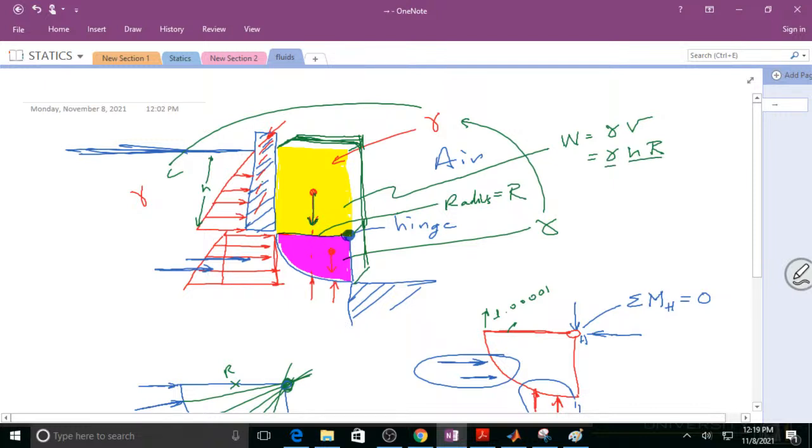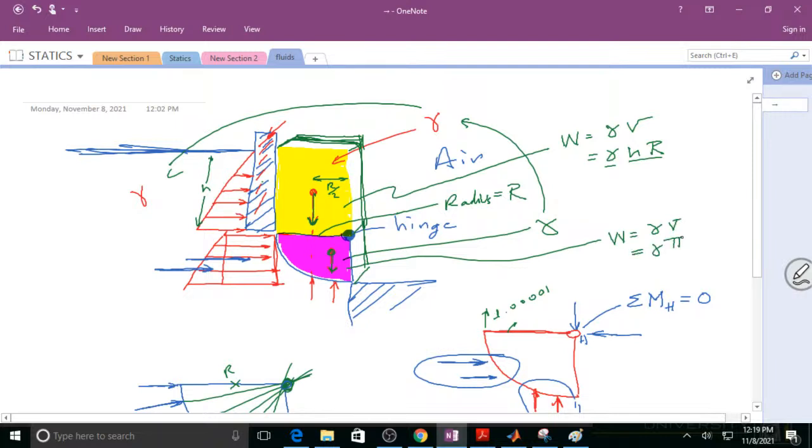That's basically the weight of this, and this will be halfway, radius over 2 halfway over. The weight of that one would be nothing but gamma times the volume here, but a different volume.